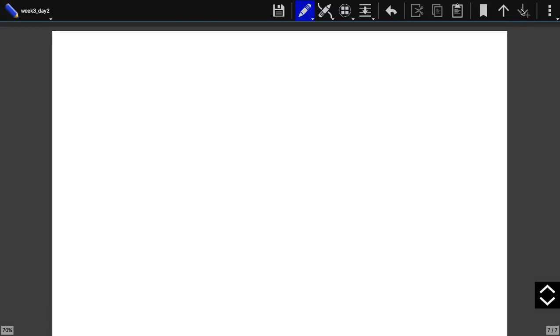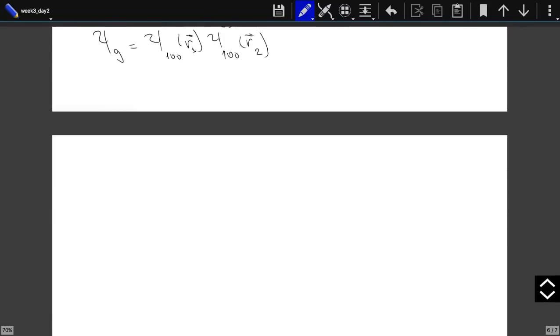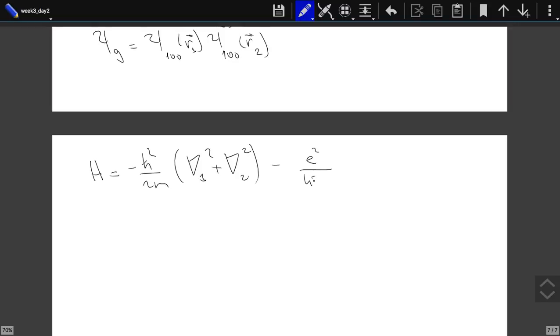Now, to make it more explicit, this was our Hamiltonian: minus h bar squared over 2m, the Laplacian of the first one, the Laplacian of the second one, and then we had minus e squared over 4 pi epsilon 0, 1 over r1 plus 1 over r2.